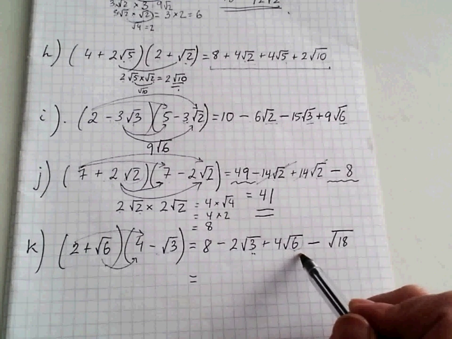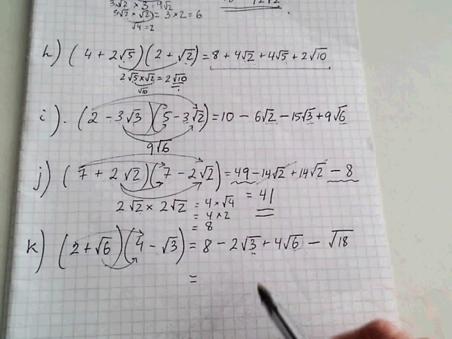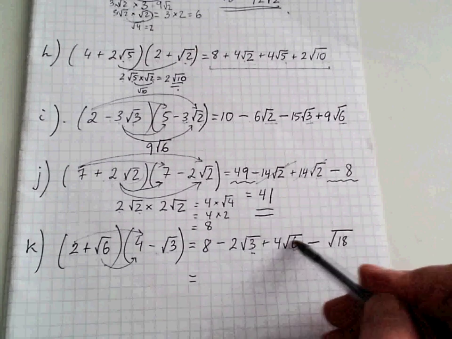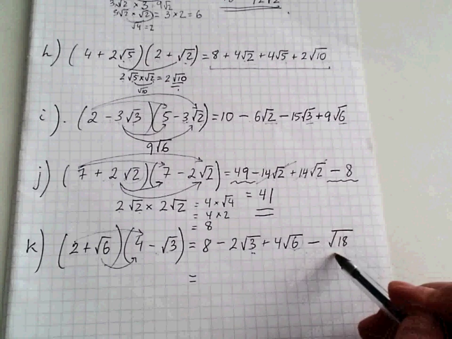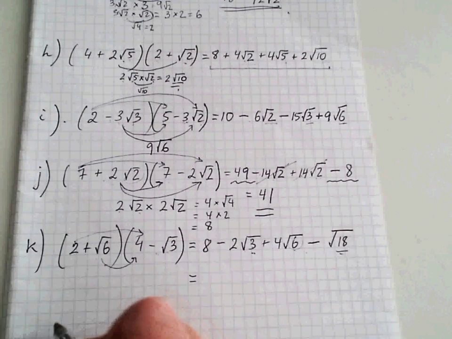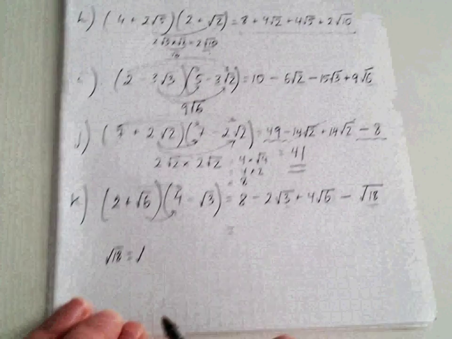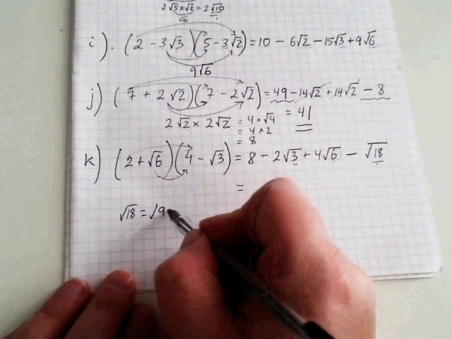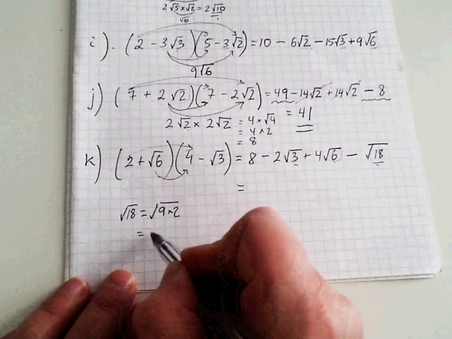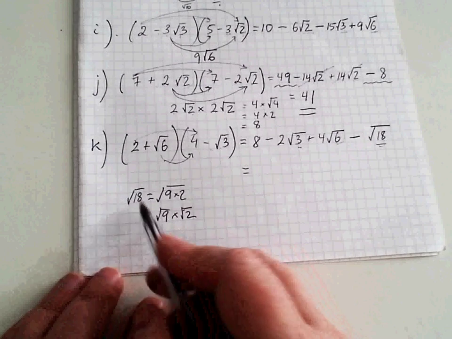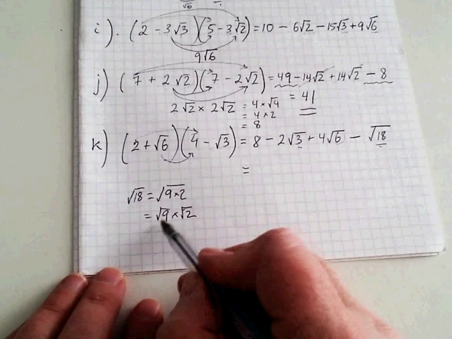It has factors only 1, 2, 3, and 6, and 1 is not really a perfect square we're interested in, so nothing can be done to simplify this further. And let's see square root of 18. I suspect that we can do something with it, because 18 has 9 as a factor, which can bring us to a much simplified version.